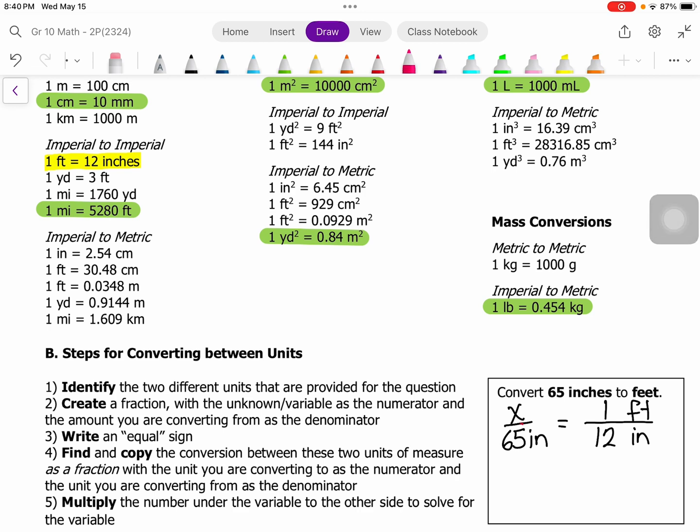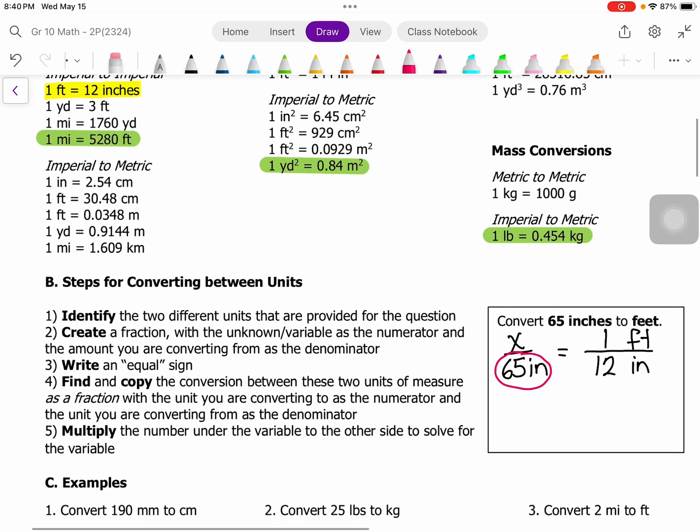Then we're going to isolate for our unknown. In this case, the x is being divided by 65, so the opposite is to multiply. I have 1 foot divided by 12 inches, and I'm going to multiply that by 65 inches.